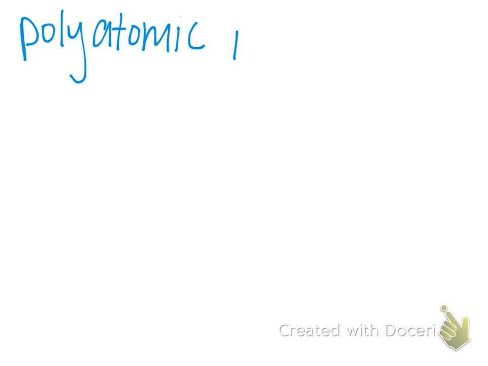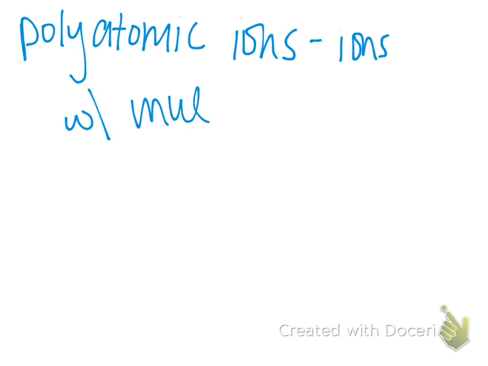Okay. After monatomic ions come polyatomic ions. What do you think polyatomic ions mean? Good, multiple, okay, or many. Poly means many. So these are ions with multiple atoms.